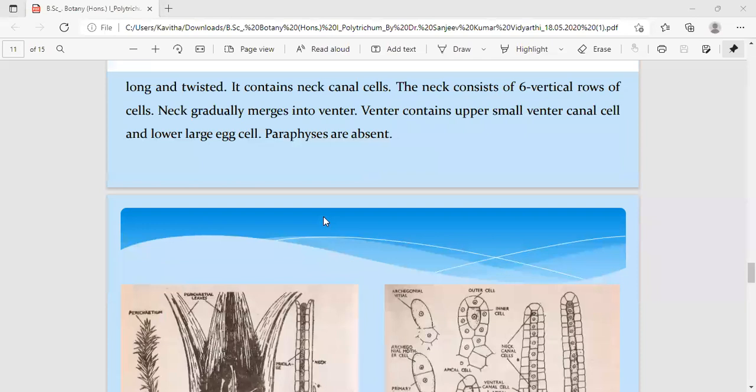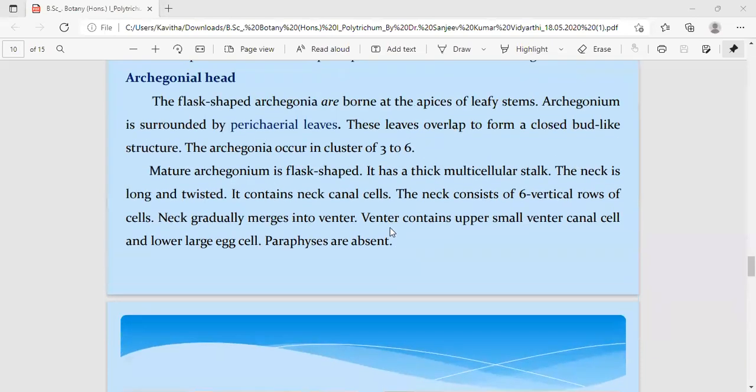In Marchantia and Anthoceros, the neck is very, very small with only 2 to 3 cells, whereas in Polytrichum the neck is very long with around 6 to 10 cells which are arranged vertically, one above the other.